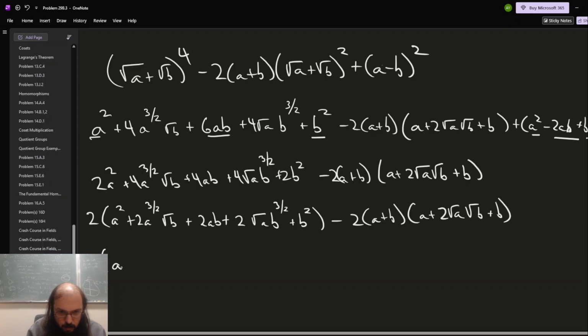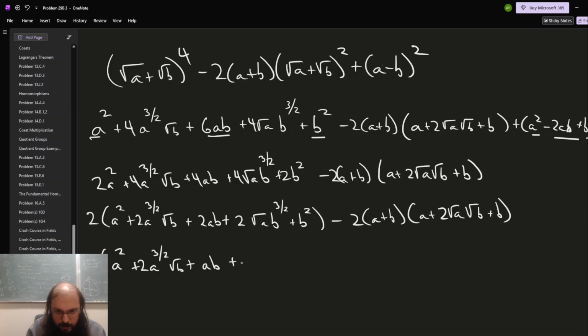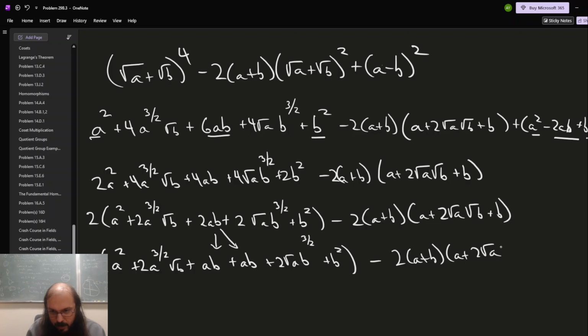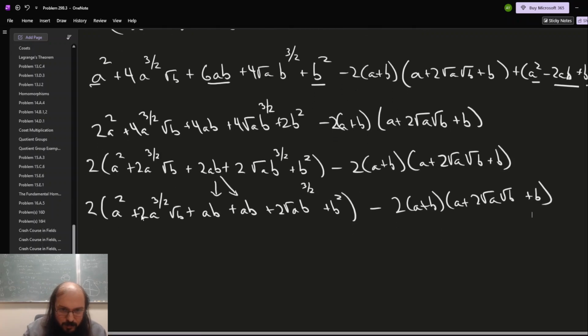All right, let me show you the trick. What I'm going to do is split the middle guy in half. All this stuff stays the same. I have half a mind to stop writing it because it's only there for comparison. Now, I'll take an a out of the first ones.